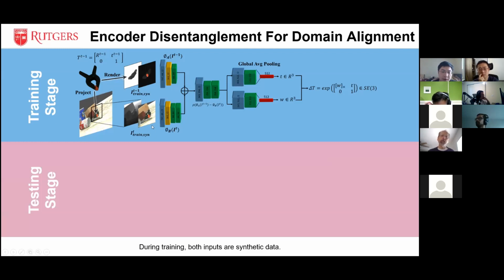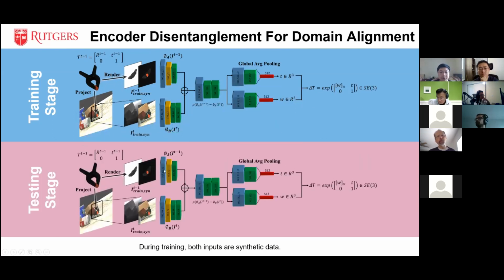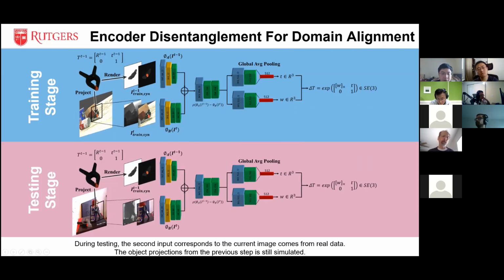The branch B is the current timestamp, and in the training stage, because we are training on the synthetic data, we are generating a lot of photorealistic images, and this is the branch B at the current timestamp. However, during the test stage, the difference is that now we are testing on the real observed data.